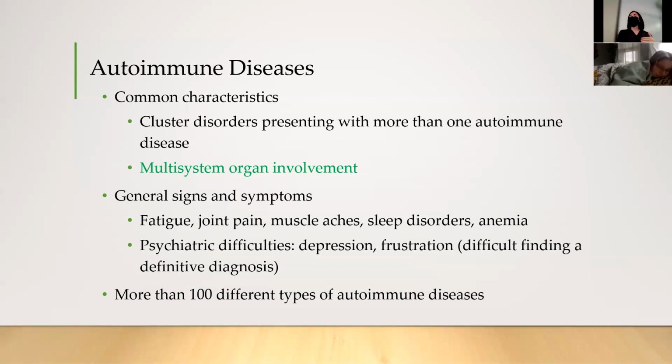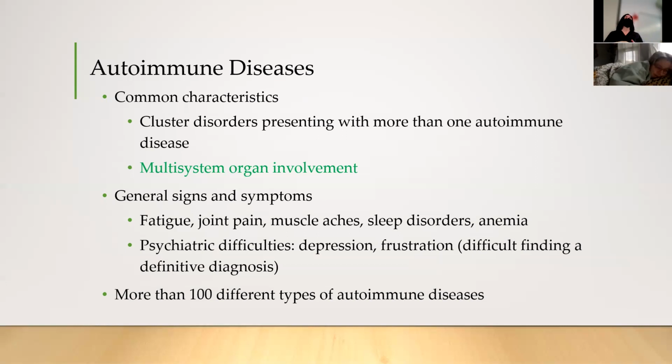Psychiatric difficulties. A lot of times with people with fibromyalgia, there can be a correlation with depression. So there can be some other psychiatric things, depression, frustration. It can be difficult to find a diagnosis. People can live with something, telling their doctors something's going on, and their doctors don't know how to diagnose them if they're not really attuned to it.